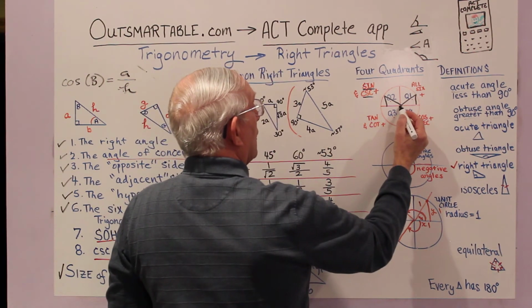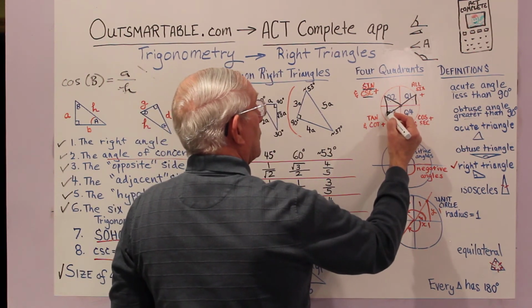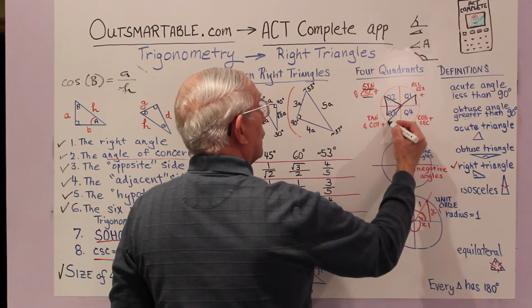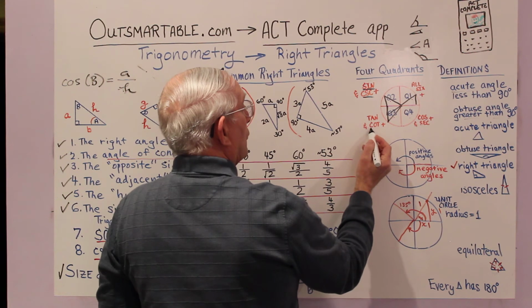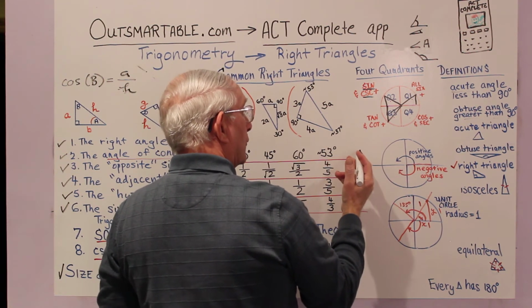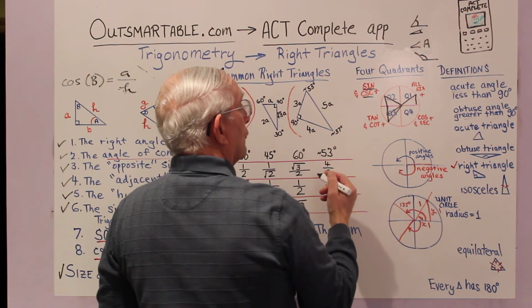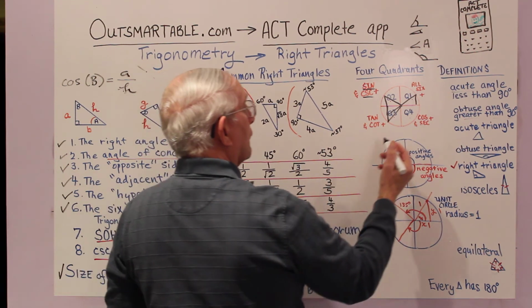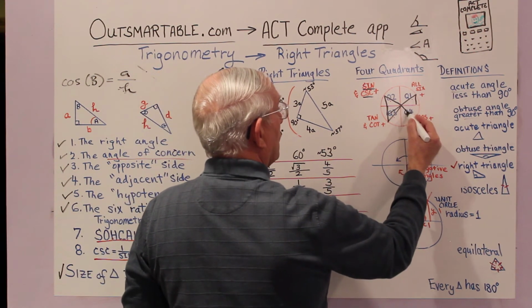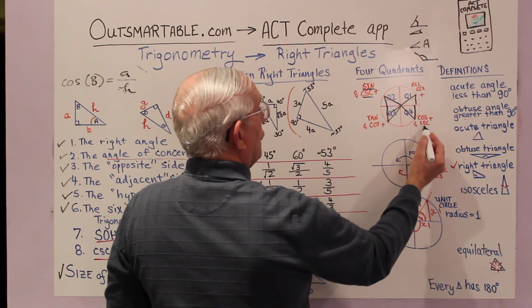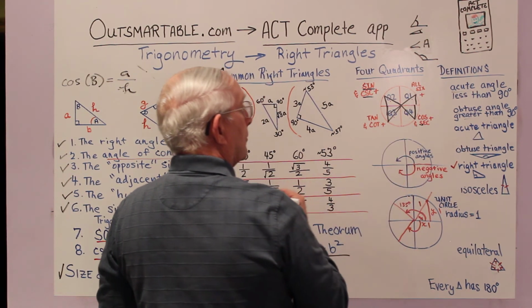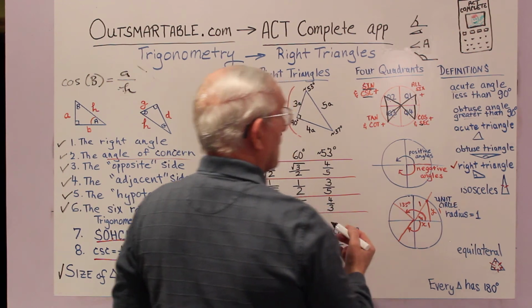In the third quadrant, any angle whatsoever has a tangent and cotangent which is positive, but all the other 4 trig functions will be negative in value. And in the fourth quadrant, your cosine and secant have positive values, the other 4 are negative.